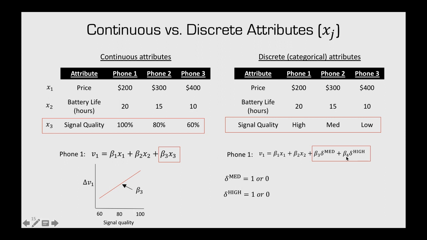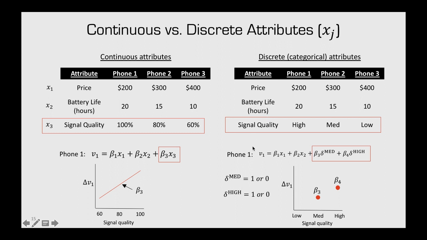Likewise, beta 4 is going to say what is the change in utility when we go from low to high. So to visualize this, you're looking now at an x-axis that has 3 discrete levels. If low is the 0 value, then beta 3 is saying what is the discrete increase from low to medium, and beta 4 is saying what is the change in utility when we go from low to high.